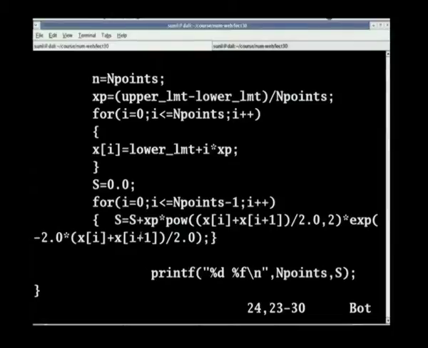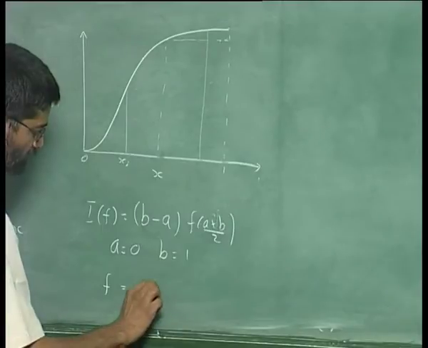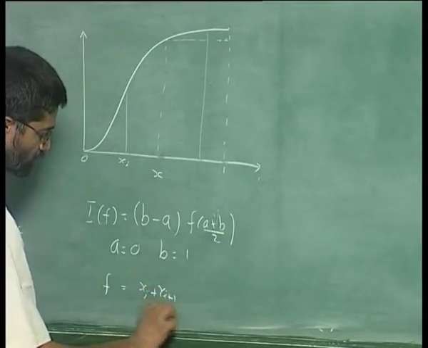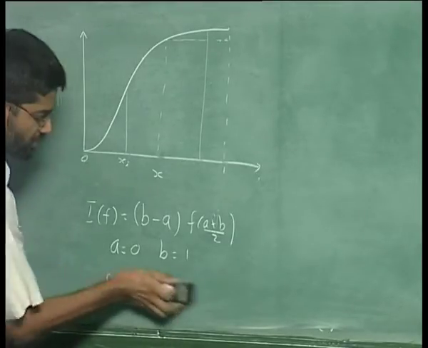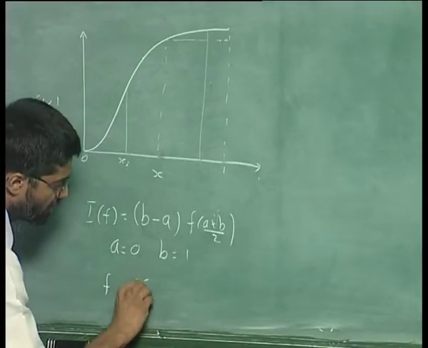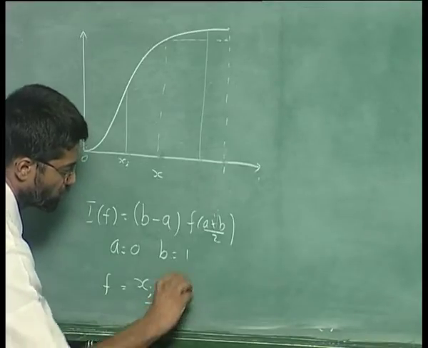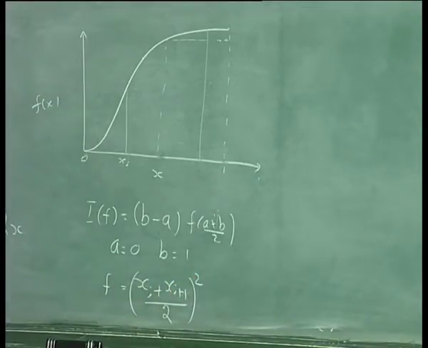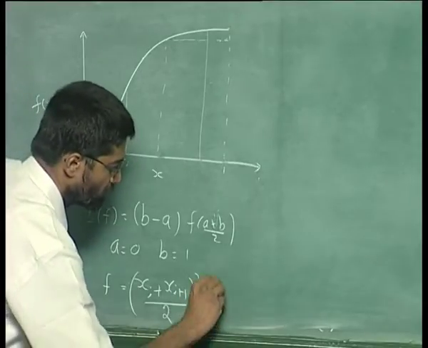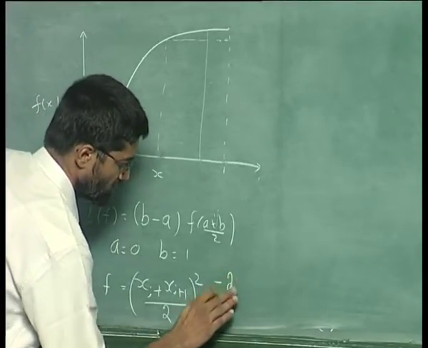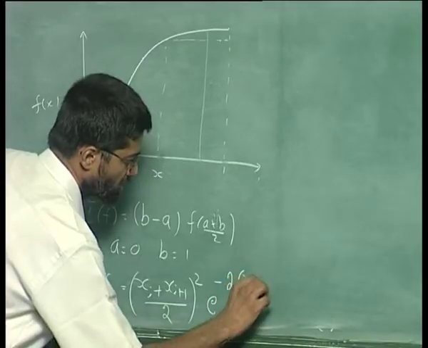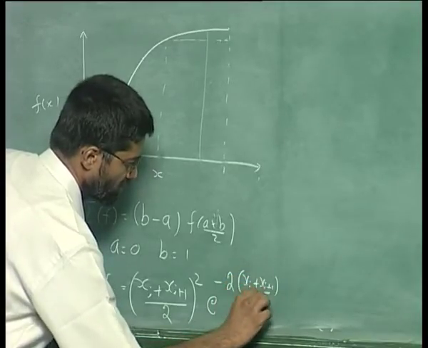So that is exactly this. If I write this in this form, I am writing the function now as this one. So the function is x of i, (xi plus xi plus 1) by 2, the whole squared, that is x squared, and e to the power of minus 2 times (xi plus xi plus 1) by 2, that is x of i.